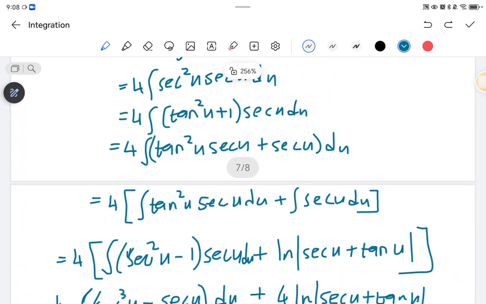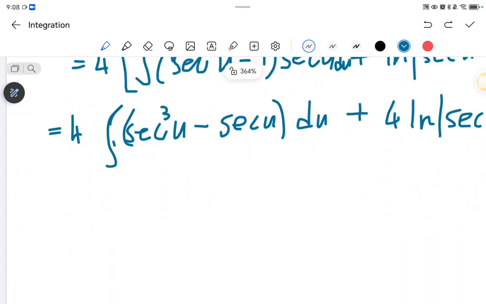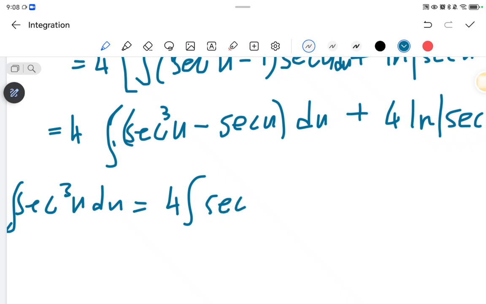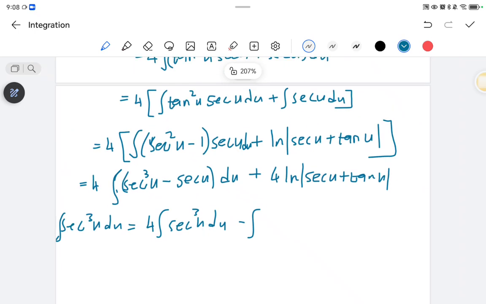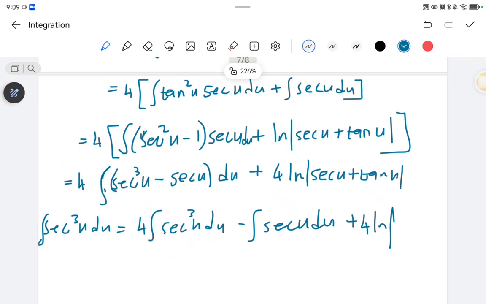So we're integrating sec cubed u du, which will be equal to 4 times the integral of sec cubed u du minus the integral of tan u sec u du plus 4 ln of... I think even here it's supposed to be 4.